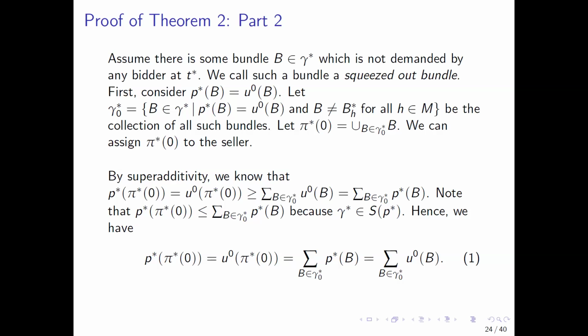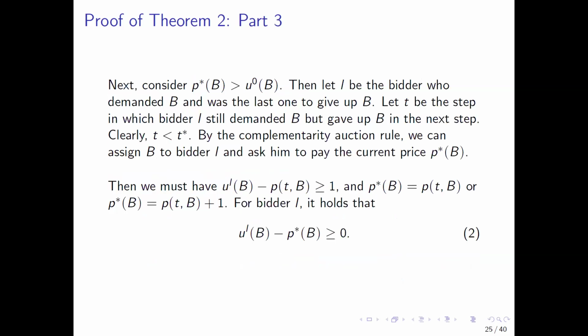Then the other part, which is more important, is about any bundle whose price is above the reserve price. Okay, let's consider one such bidder. It's possible that previously two bidders demanded this bundle and two bidders simultaneously give up. If this is the case, we just choose one of the two randomly.